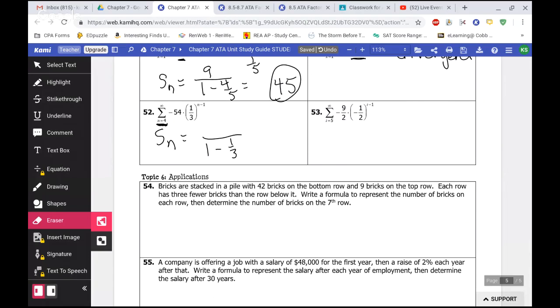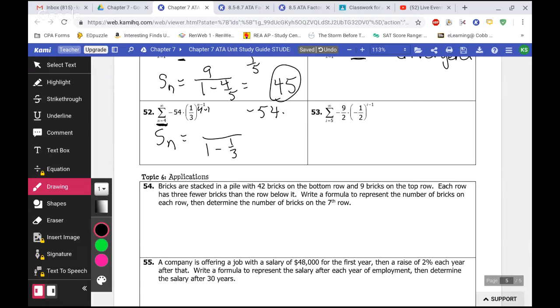So I need to plug in negative 54 times 1/3 raised to 4 minus 1, which is 3. So raised to the 3rd power. So that's going to be negative 54, and then 1/3 raised to the third power is 27. So it's going to be negative 54 over 27, which is negative 2. Okay, that's what I got.